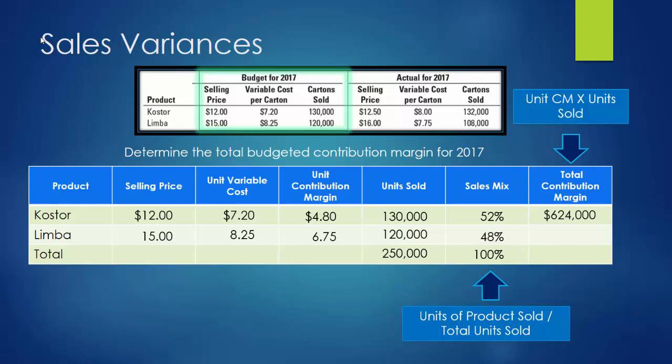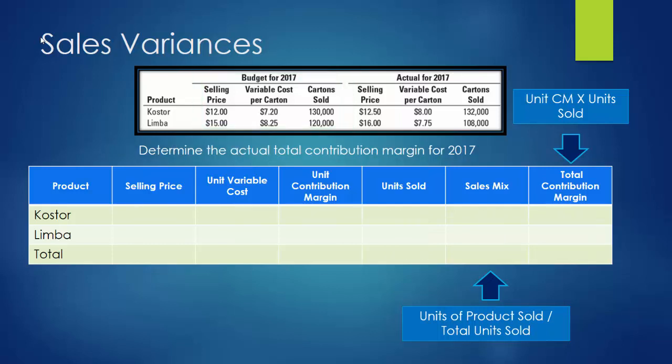For the Limba, $6.75 of margin per each unit that we sell times the 120,000 units that we're planning to sell should give us a total contribution margin related to sales of Limba cartons of $810,000. And overall, when we add those two numbers together, sales during the period should give us a total of $1,434,000 of contribution margin. So that was what we budgeted for.